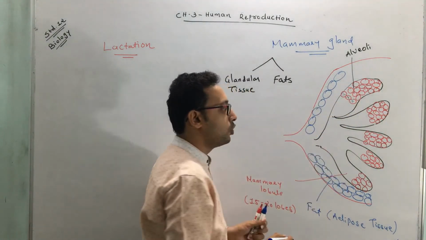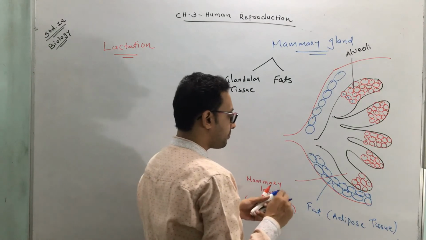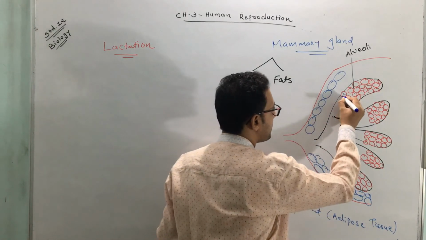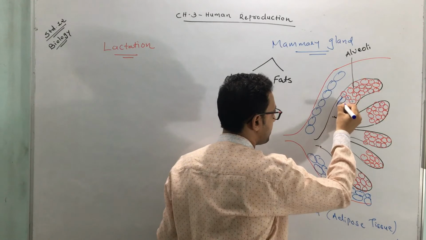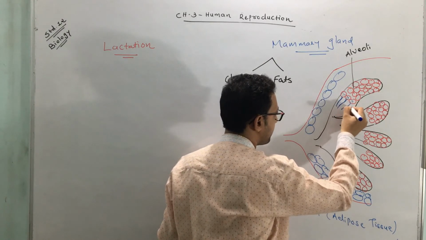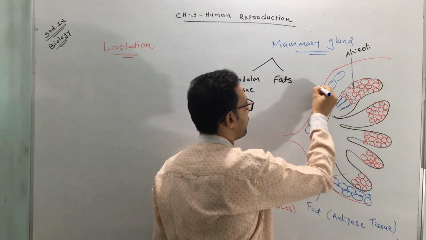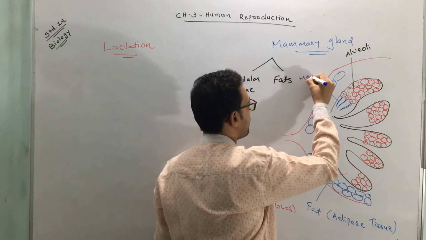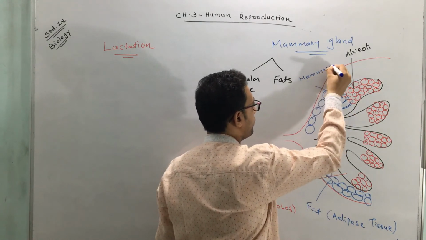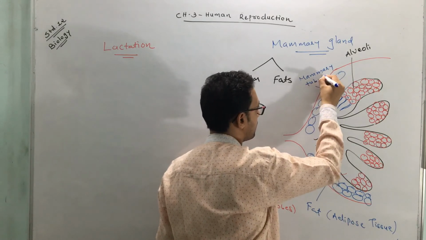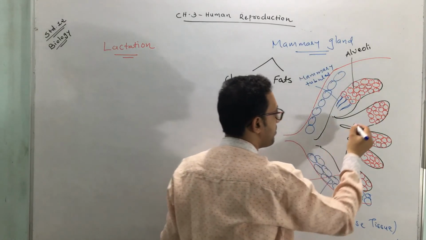And the milk is stored in their lobes. From these mammary lobules, there is a development of a tube-like structure like this. This tube-like structure which is developed from it is called a mammary tubule.